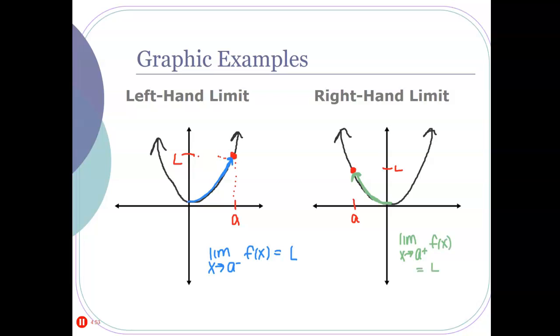So again, the limit as x approaches a from the right-hand side is equal to L. For the right-hand side, you draw your arrow approaching the point using your right hand to the right. For the left-hand limit, you start on the left side and go to the right. So you're kind of like drawing from that side, not approaching that direction.